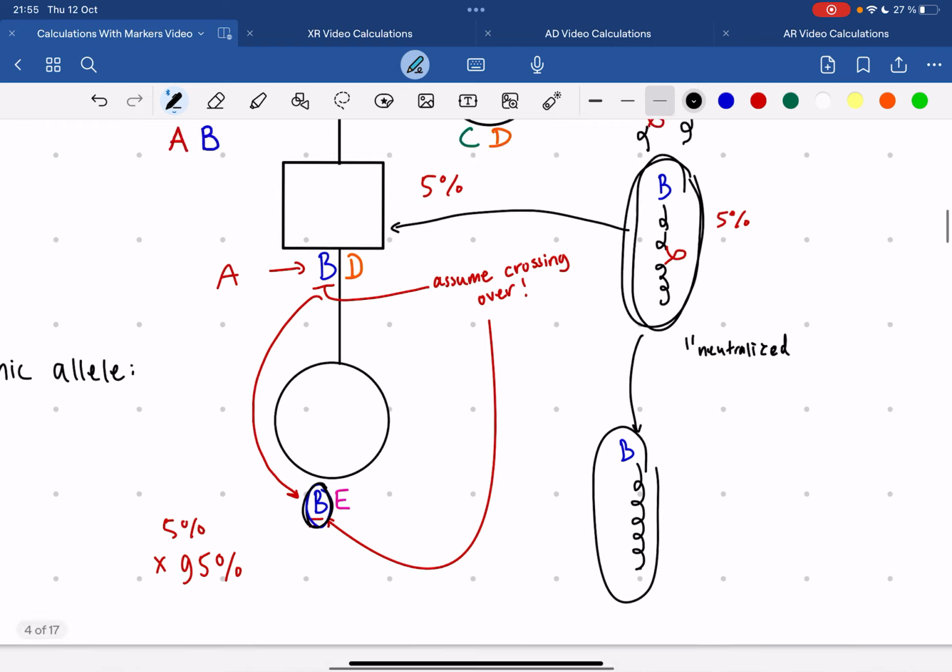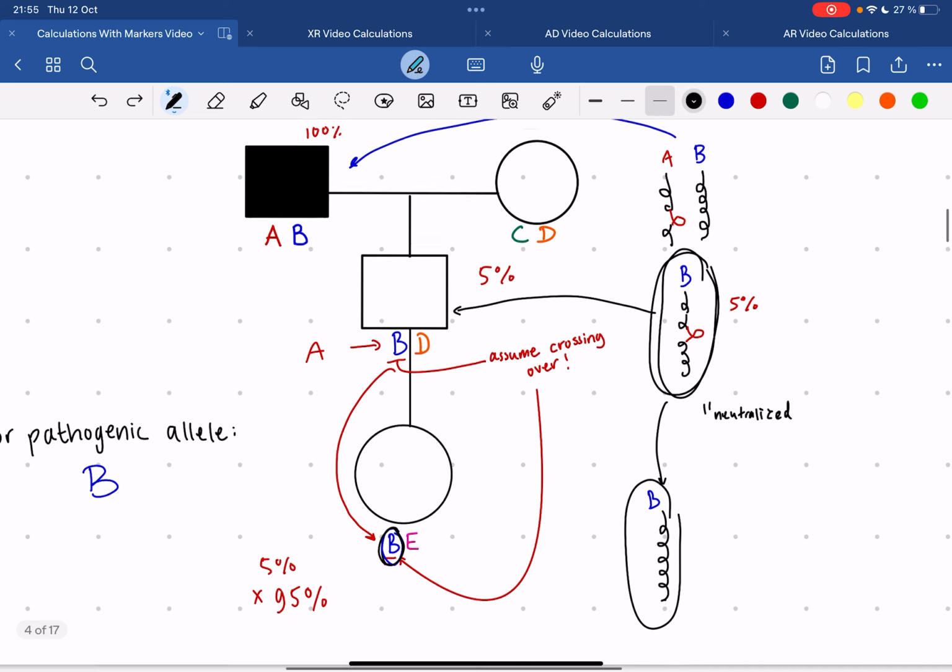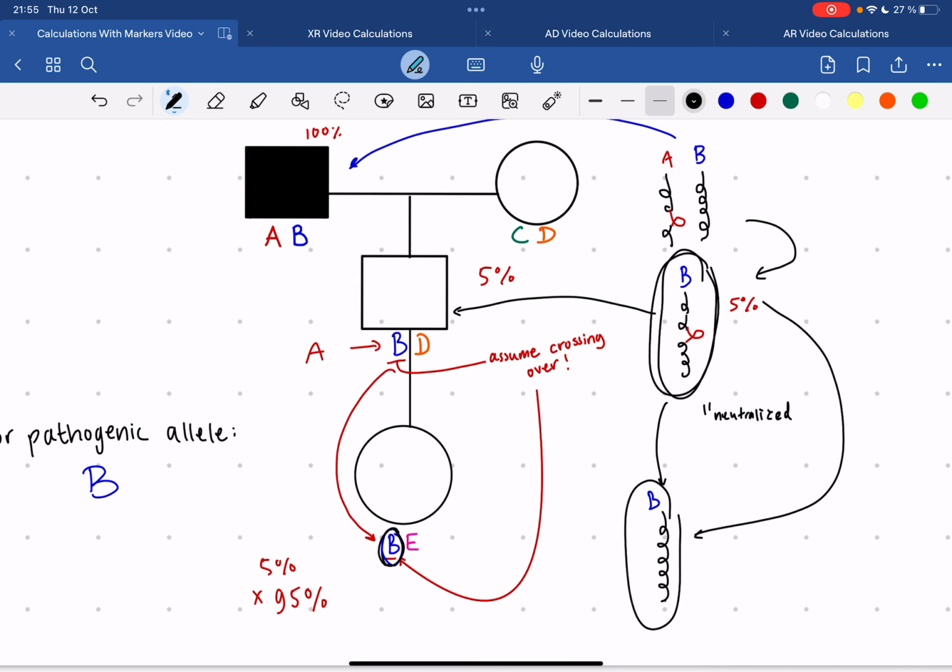So I know that sounds very complicated, but crossing over can occur in several generations, not just one. And if we assume that it has occurred in one generation, then that marker will be representing the pathogenic allele. However, another crossing over could have also occurred. So we take the 5% chance that crossing over has occurred from the dad.